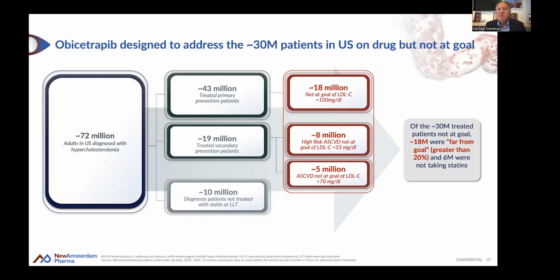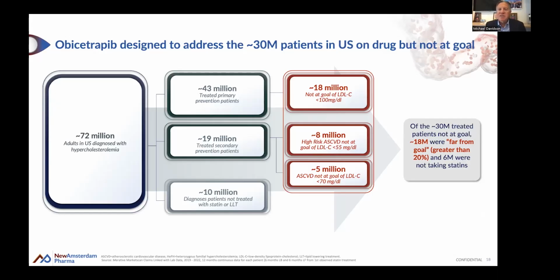Unfortunately, in 2013, the guidelines went based on evidence to not have goals, and then we went to high-intensity statins primarily, and the goal message became less of a priority.